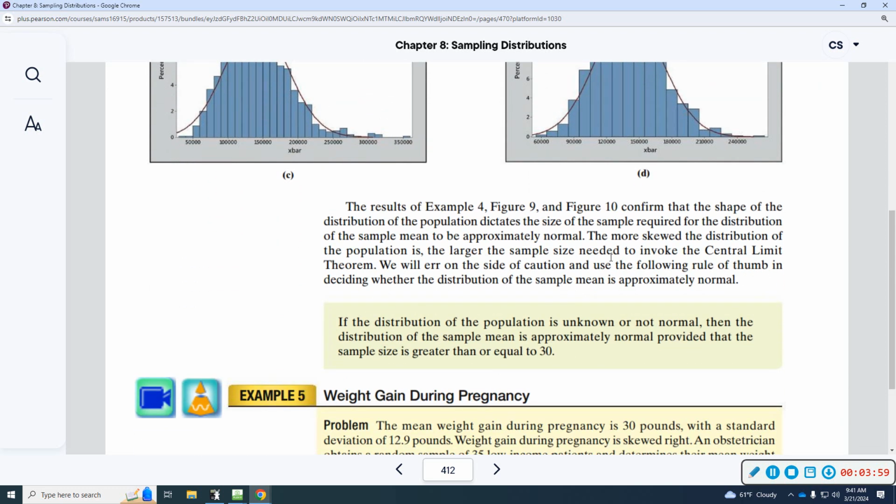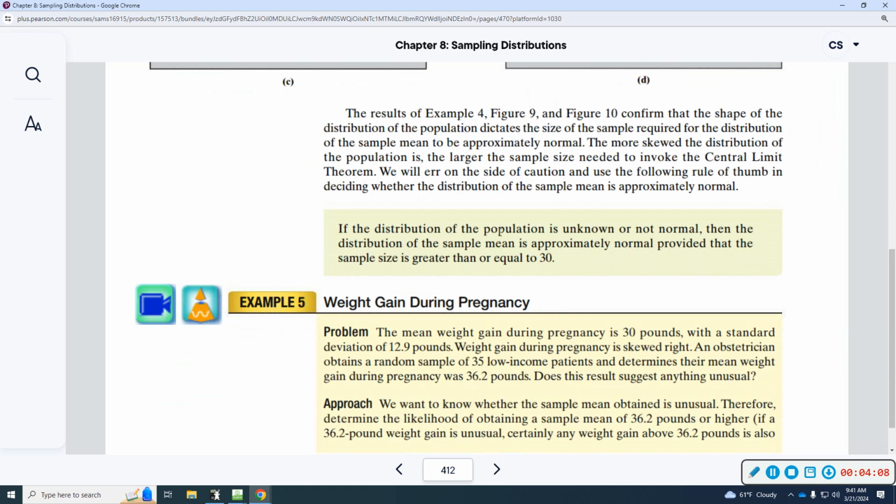So some distributions get normal when they're small. However, just to be on the safe side, the general rule of thumb says when n is greater than or equal to 30. So that's going to be the central limit theorem.